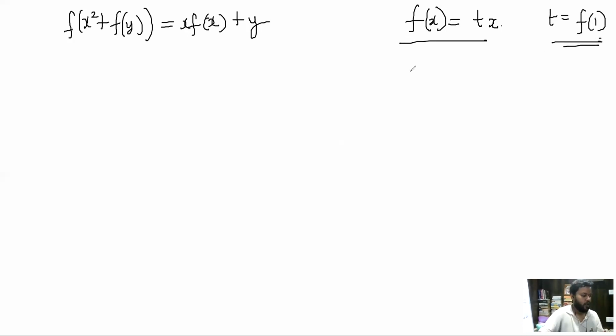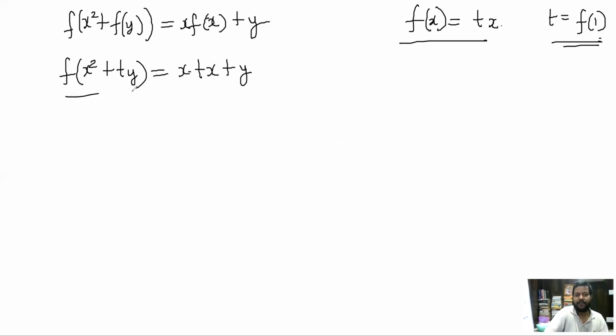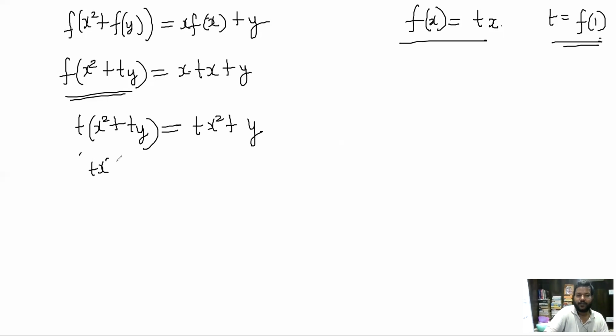So using that, I will get f of x square plus f of y will be ty, and this will be x into tx plus y. So this will be t times x square plus ty is equal to tx square plus y. So this becomes tx square plus t square y is equal to tx square plus y.